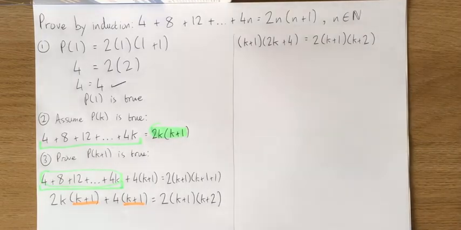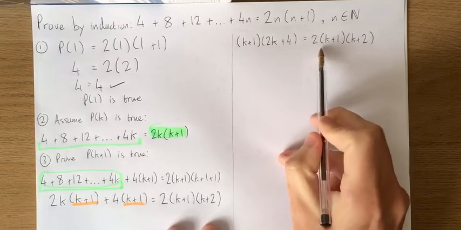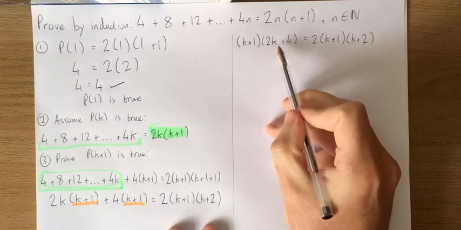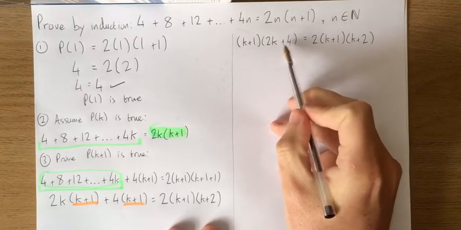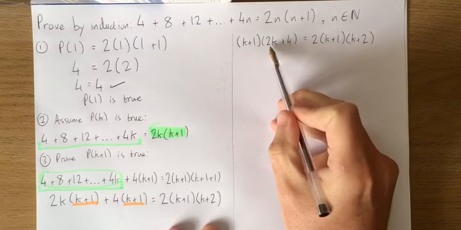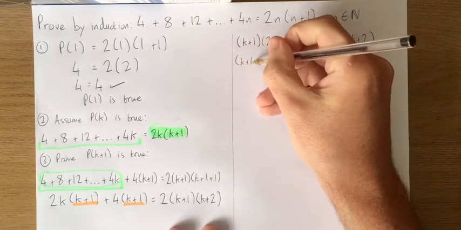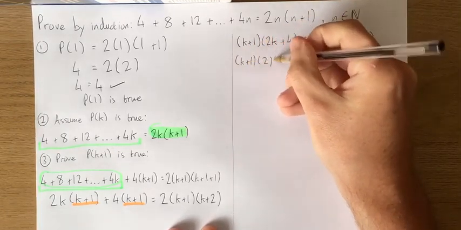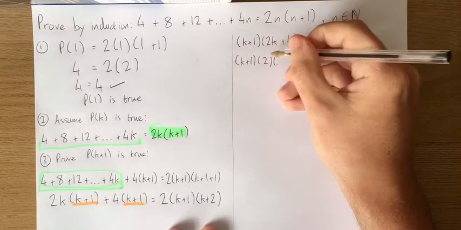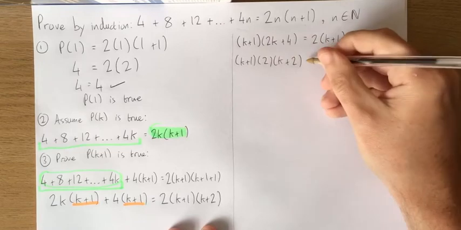But if we're to follow the best practice that we should do, make the left hand side equal the right hand side. 2k plus 4, 2 is common to both of those, so I could factorize 2 out. So if I factorize 2 out of that, 2k divided by 2 is k, 4 divided by 2 is 2.